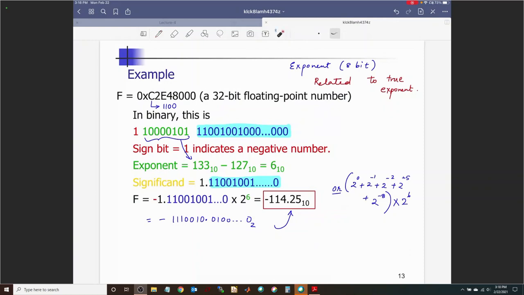So you take this: 1, 4 zeros, 101. That's like saying what? 101, the last 3 bits give me 5, and the 8th bit being 1 gives you 128. So that's your 133.